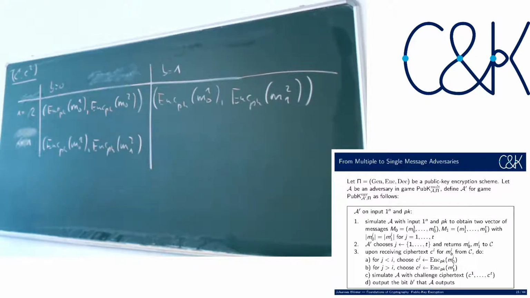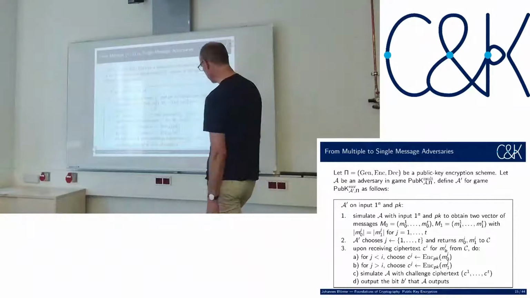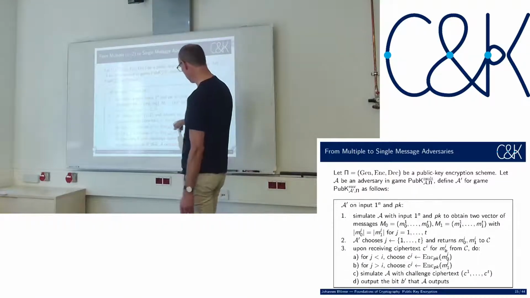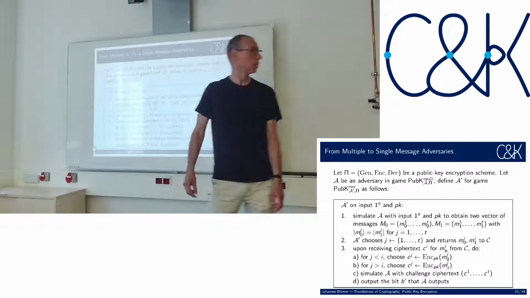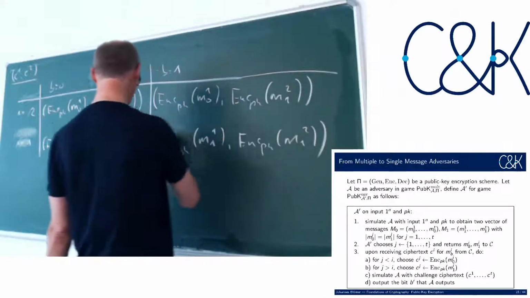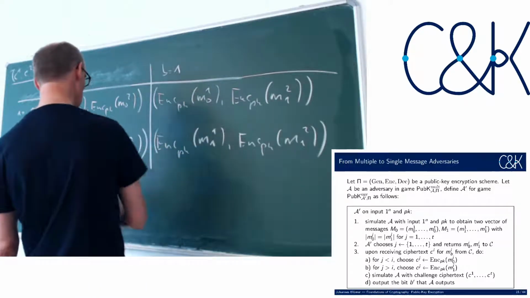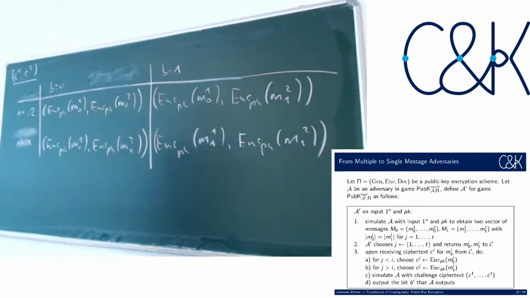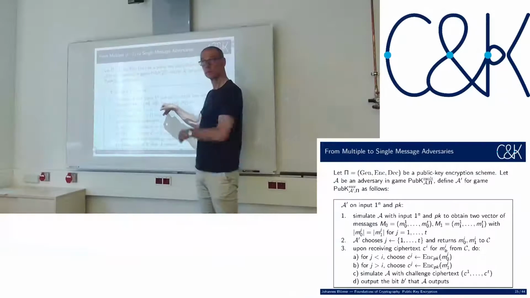And if b is equal to 1 and i is equal to 1, I get here M11, and still M12. So I get the encryption under PK of M11 and the encryption under PK of M12. And this is the encryption of this thing here.